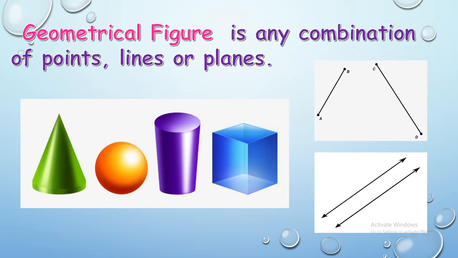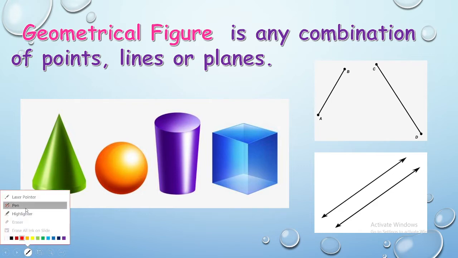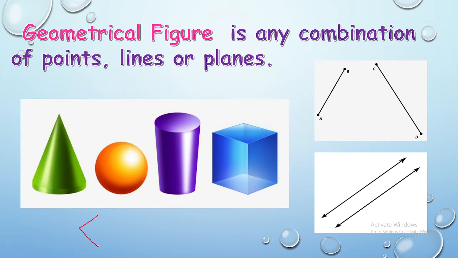A polygon is a shape that is enclosed, not open, right? Do you remember polygon? For example, this one is a polygon because you have sides that are connected. It is enclosed. But this one is not a polygon because it is open here. You see this part here, it's open. This is not a polygon.